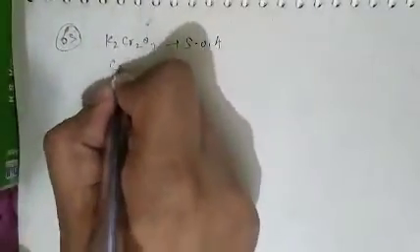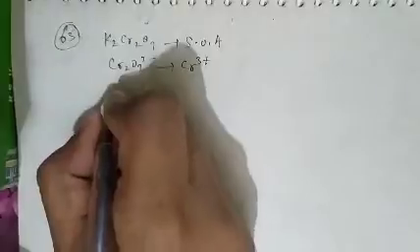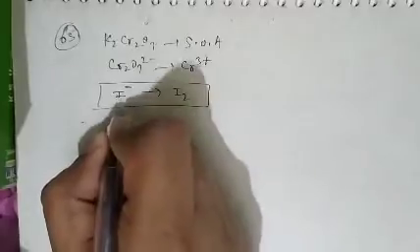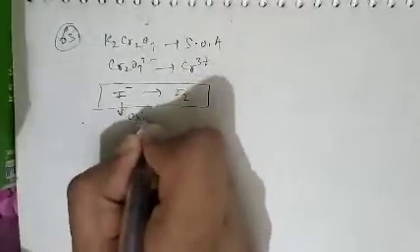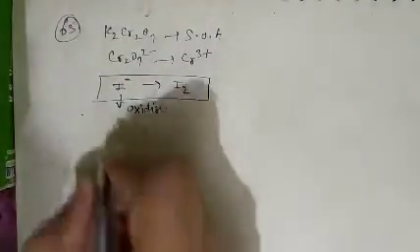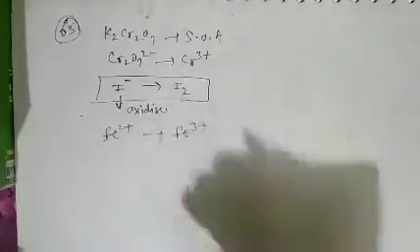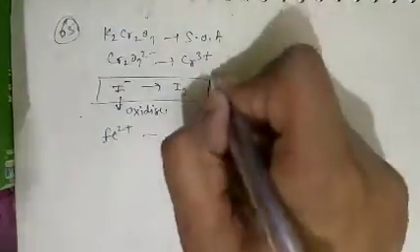So it reduces itself, Cr2O7 2 minus into Cr3 plus, while it oxidizes KI, I minus into I2 form. Also it oxidizes Fe2 plus into Fe3 plus. So option A is correct.